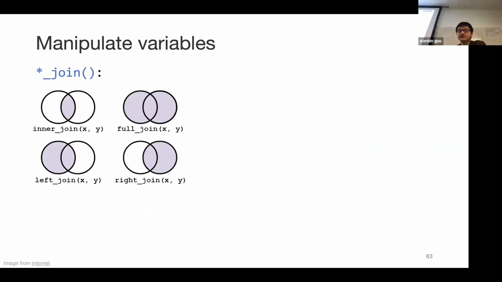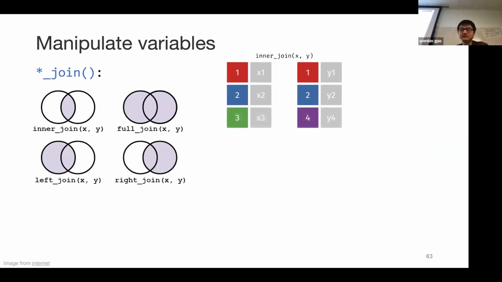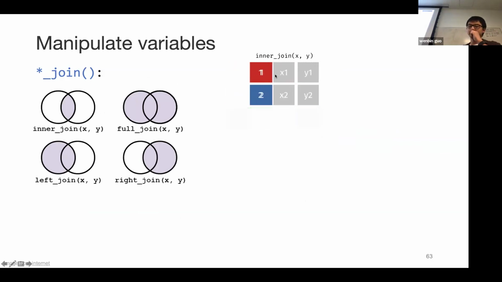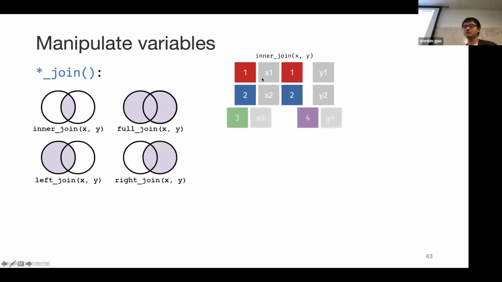So besides that, sometimes we want to combine data frames by column. Besides bind_rows, we can have some kind of advanced binding, which is the join functions. Here, the inner join will only consider the observations that are shared between two data frames.